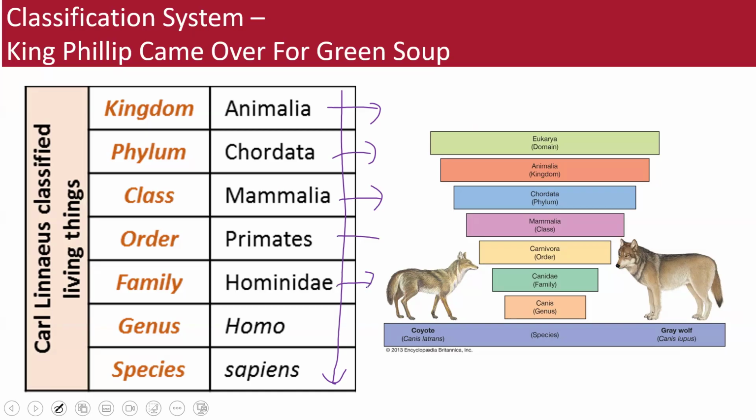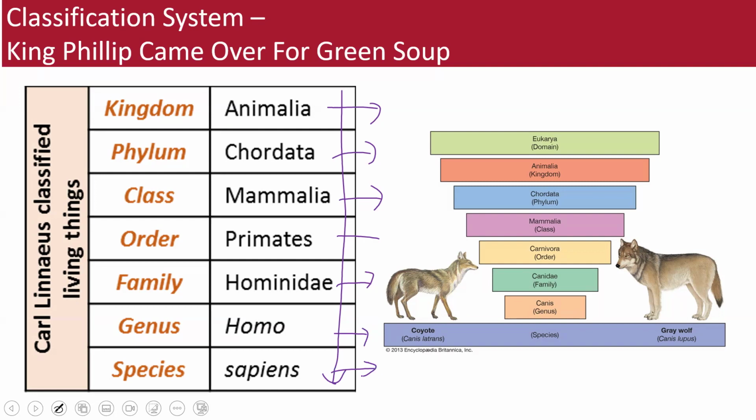Hominidae, stand up. Homo sapiens is then our genus and our species. You don't need to remember that, that is just our classification. So an alien could come in, look this up, and work out that we were Homo sapiens, humans.